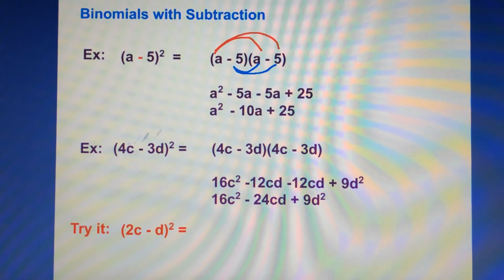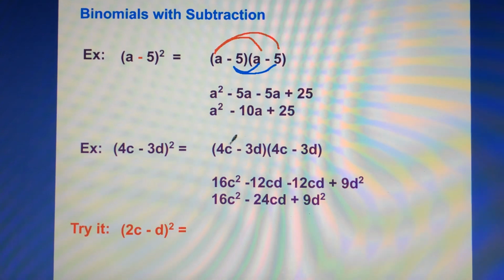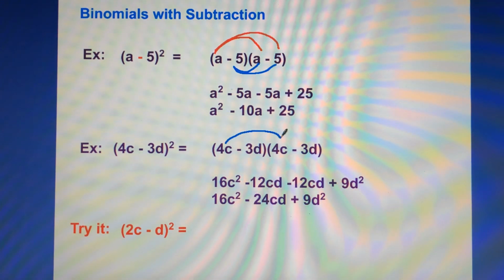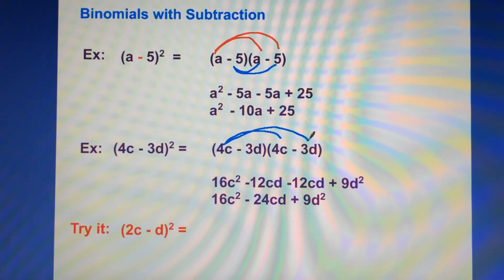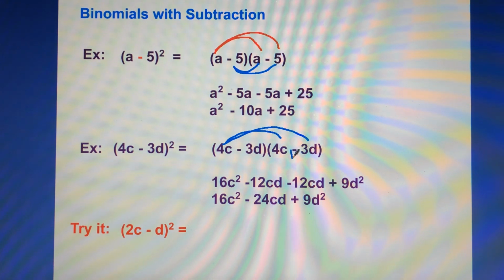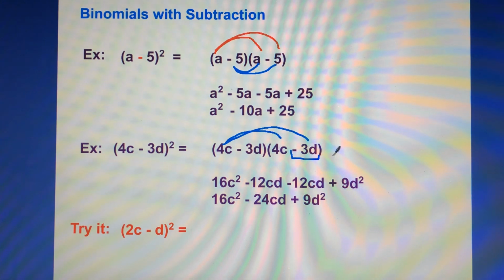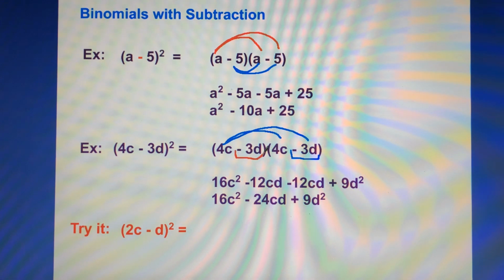Here's another example. 4c minus 3d squared. 4c times 4c, 4c times negative 3d. Remember, the negative sign goes with the term. I'm ready to do my second distribution. Negative 3d, the sign goes with negative 3d times 4c.